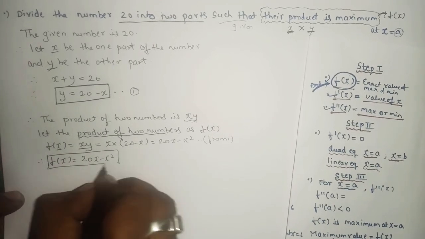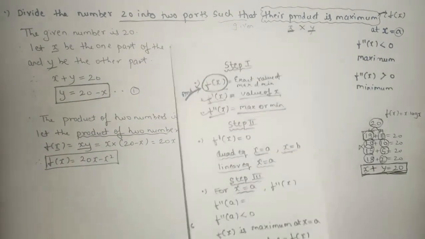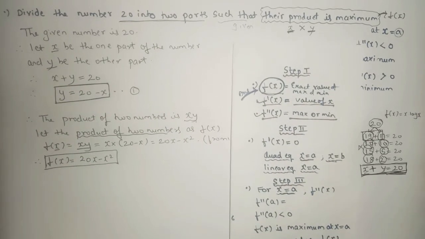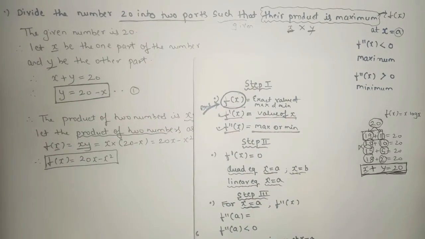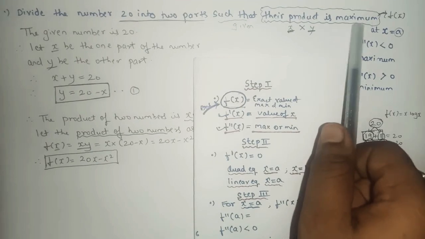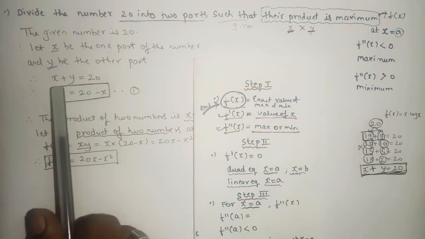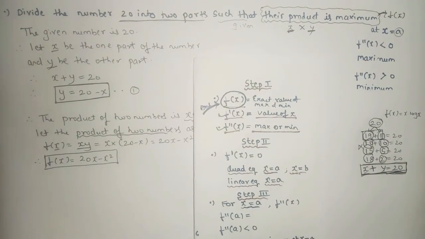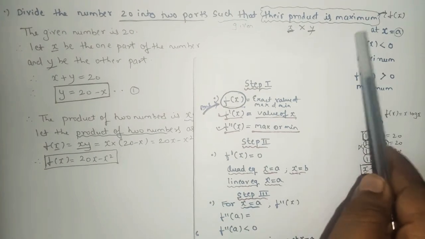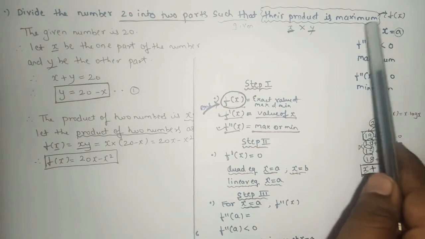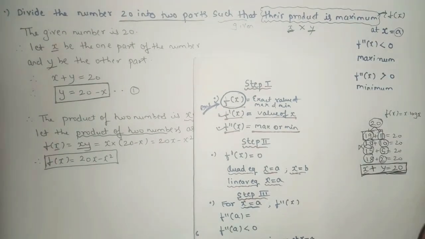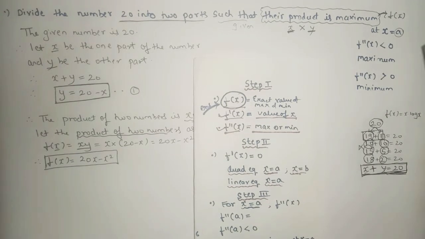Okay. Now here it says that the product is maximum. It means that when the product is maximum, there we will get the values of the two numbers. So what do we mean by the product being maximum?